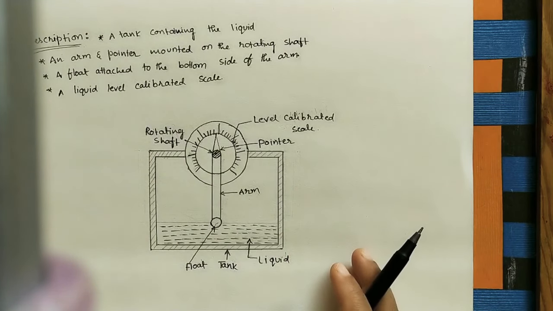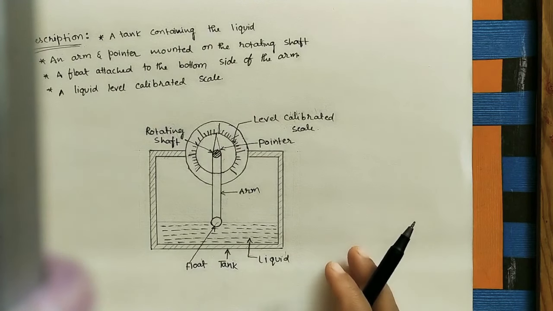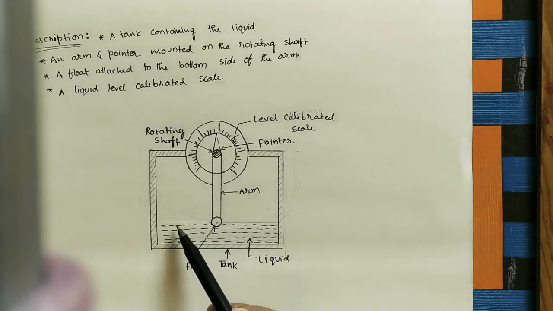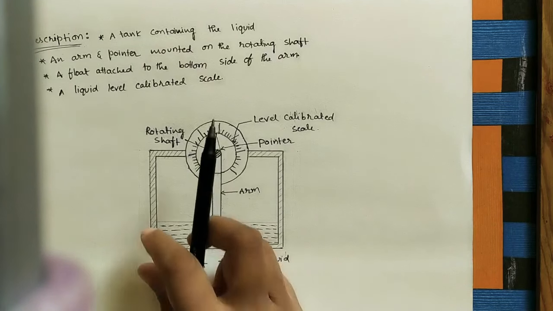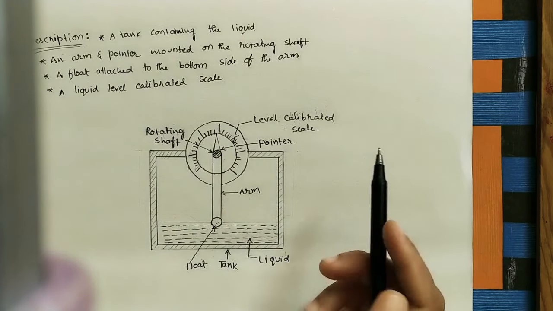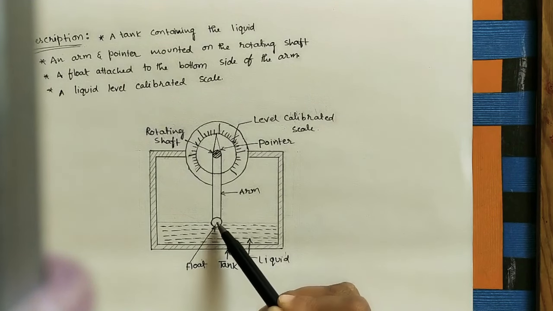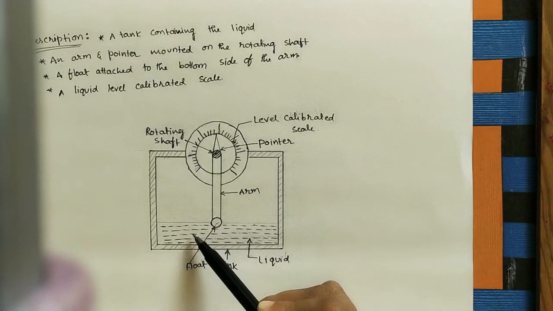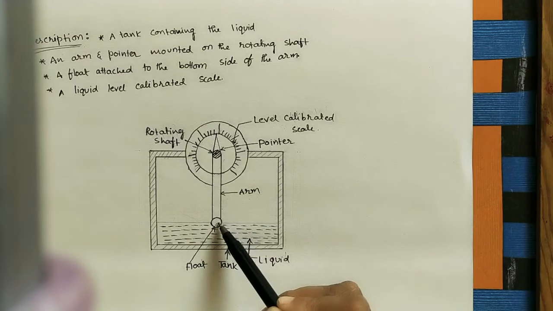Let us take the working operation. Initially we need to fill some liquid inside the tank to some height. We need to find that height or level of liquid. This float density is less compared to the liquid density. That's why it is floating.